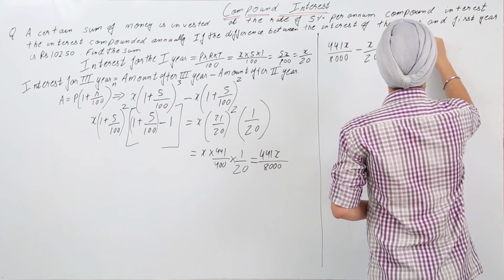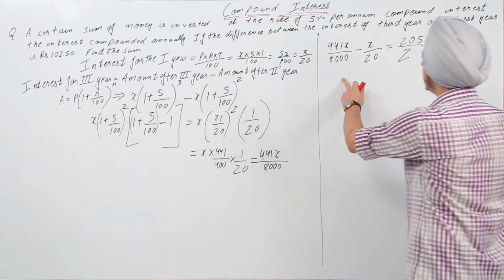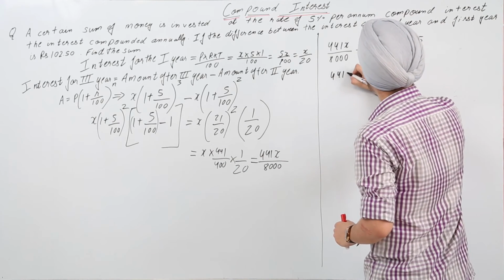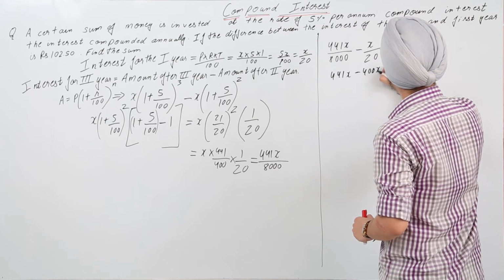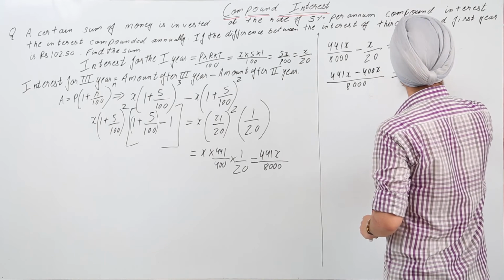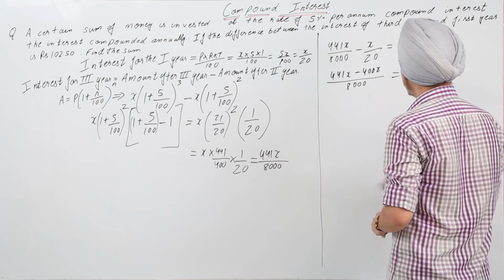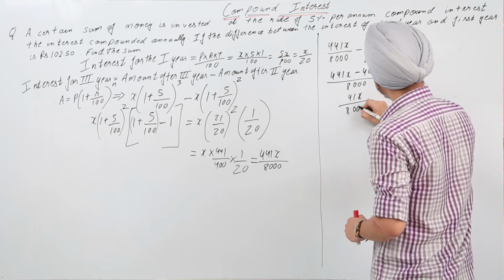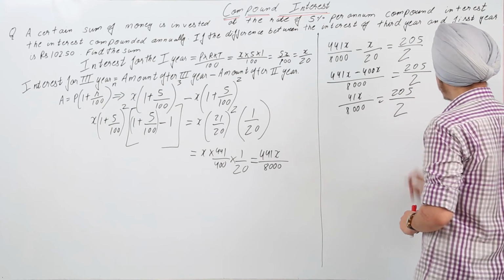We can write it as 205 upon 2. Solving this, we get 441x minus 400x upon 8000 is equal to 205 upon 2. So we get 41x upon 8000 is equal to 205 by 2.